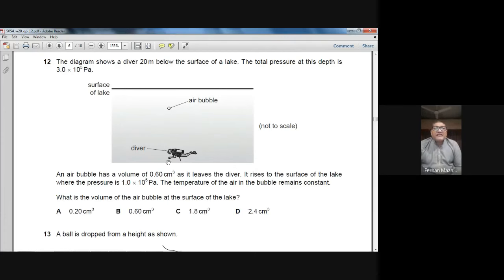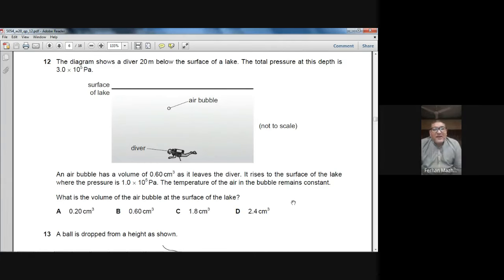When the air bubble is here, the volume is 0.60 cm³ and the pressure is 3 × 10^5 Pascal. It rises to the surface of the lake where the pressure is 1 × 10^5 Pascal. The temperature of the air in the bubble remains constant. What is the volume of the air bubble at the surface of the lake?